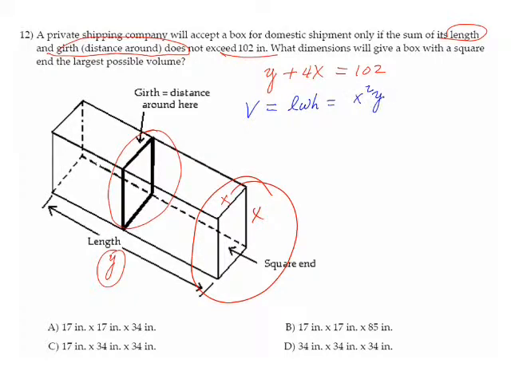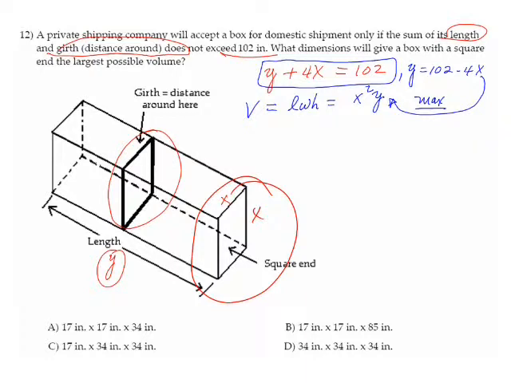That's the 3 dimensions of this box. So we have 2 equations here. We want to maximize the volume given the constraint that y plus 4x equals 102. You can solve this equation for y and get y is equal to 102 minus 4x, which we then can put in the volume equation so that volume is equal to x squared times 102 minus 4x.